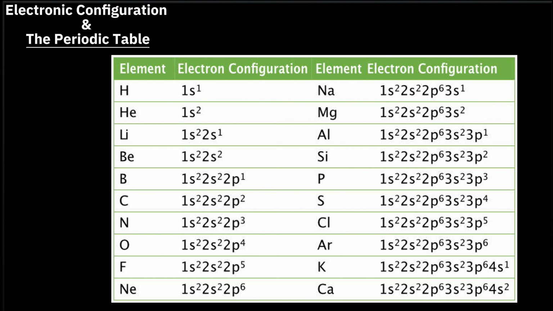Look at hydrogen, element number 1 in the periodic table. The electronic configuration is 1s1. That superscript 1 shows the number of electrons. Helium, 1s2, 2 electrons. Oxygen, element number 8, you see 1s2, 2s2, 2p4.